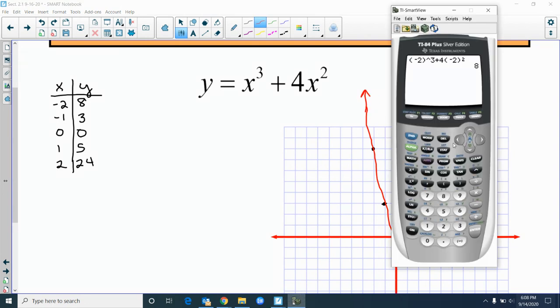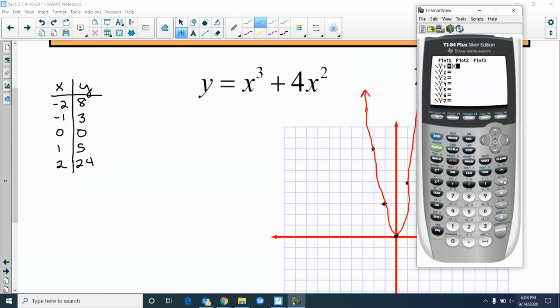Well, I'm going to go to my calculator, and I am actually going to graph it. I'm going to graph x to the third plus 4x squared, and hit graph. Whoops, let me change my window.